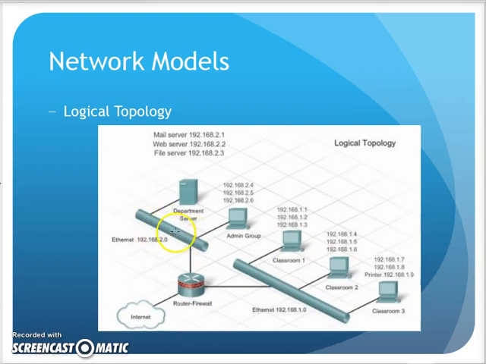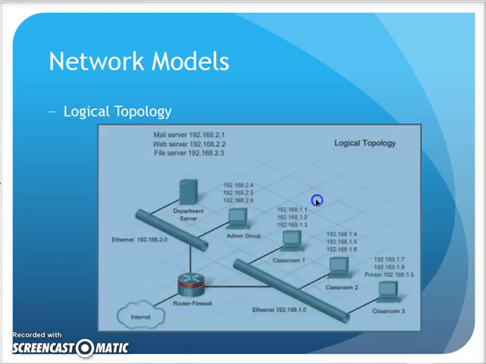There's stuff that happens here. But it now starts showing things like IP addresses and what kind of groups they're in, the admin group, this is classroom 1, 2, 3. Now we're showing a little bit more of the specifics and how the data is moving around. Because as we start looking at things like admin group and classroom 1, 2, those might imply more things about how the users are put into the server, how the switches are configured with VLANs and security and that sort of thing.